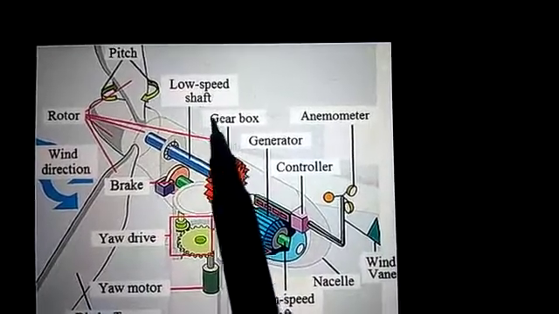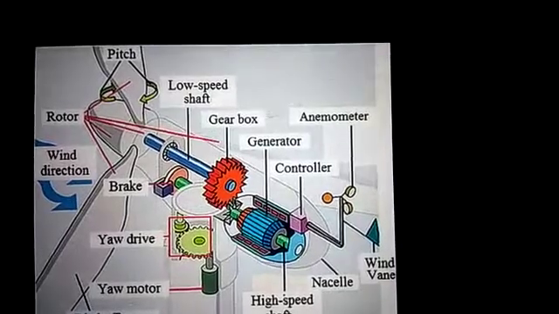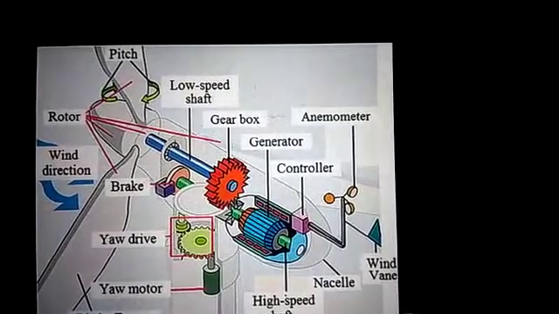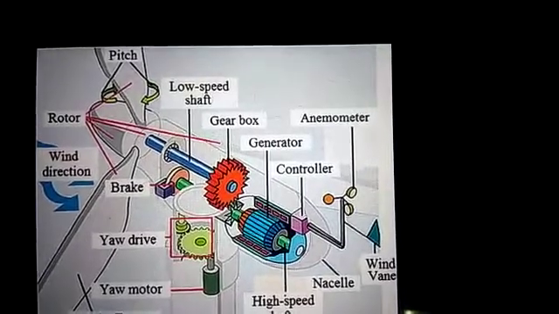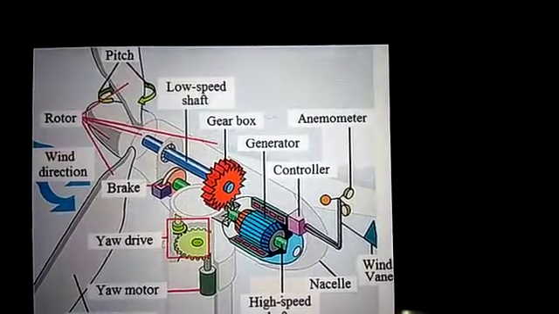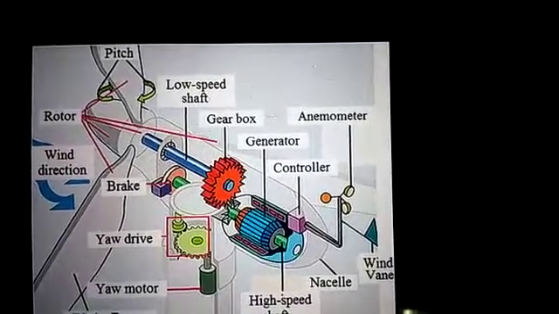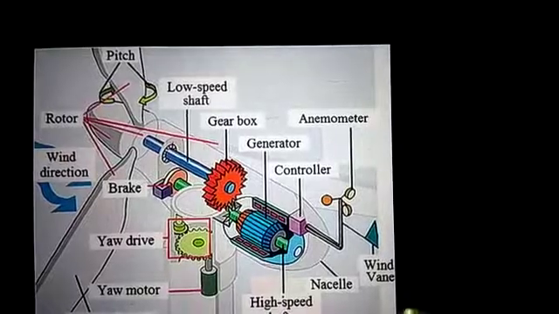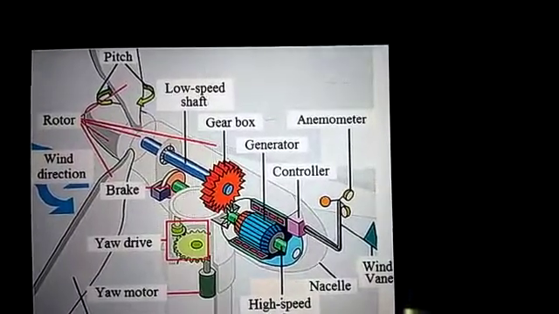The rotor turns the low speed shaft at about 30 to 50, or nearly 60, rotations per minute, to protect the gearbox, generator and controller.